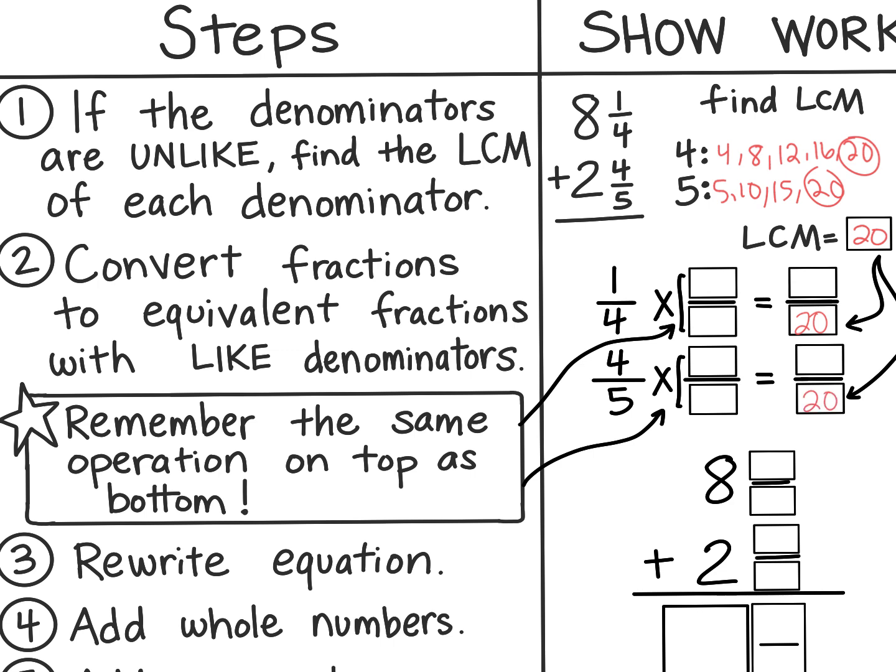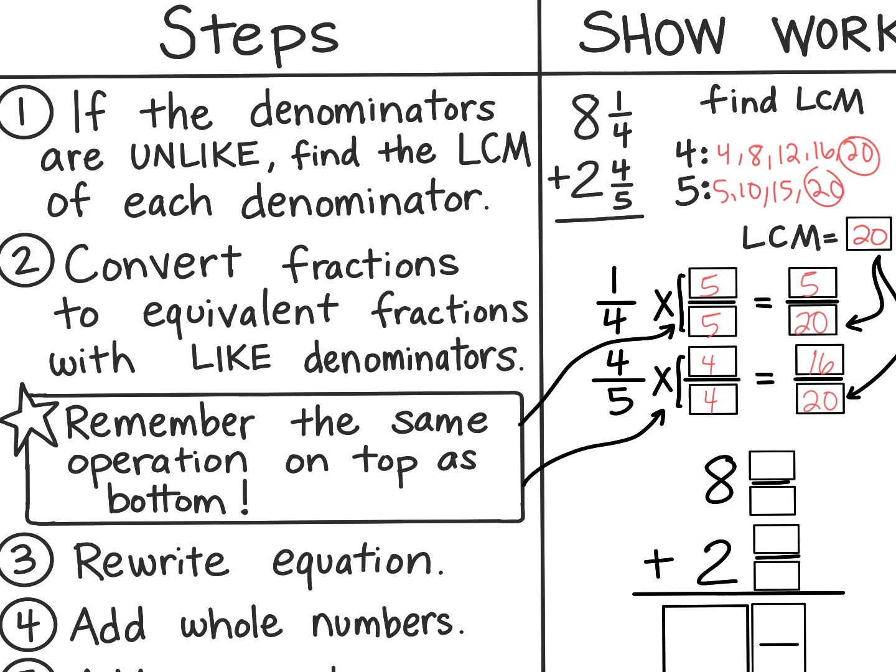So I'm rewriting both of my original fractions with 20. So now I'm asking myself, what did I do to get from 4 to 20? What do I multiply by? 5. So do the same thing to the top. 1 times 5 is 5. For the bottom number, I did 5 times 4 to get 20. So 4 times 4 is 16. Now I am adding.